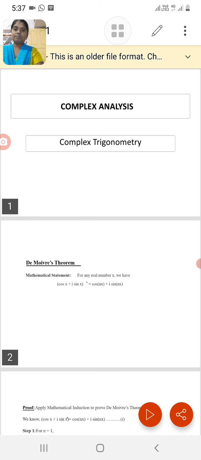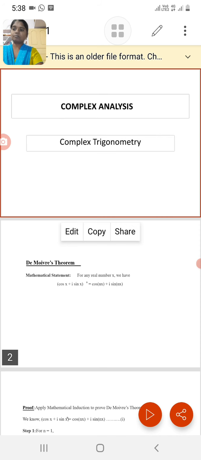Good evening, friends. Today we are going to discuss one of the most important theoretical parts of mathematics, that is complex analysis. In that we have complex trigonometry for our syllabus as per the CBSE syllabus.